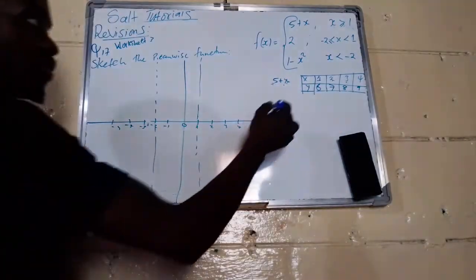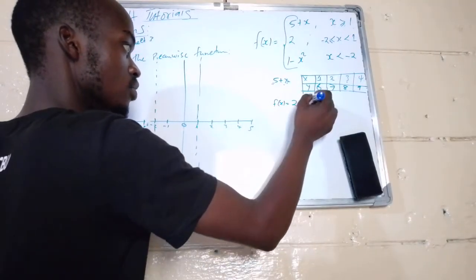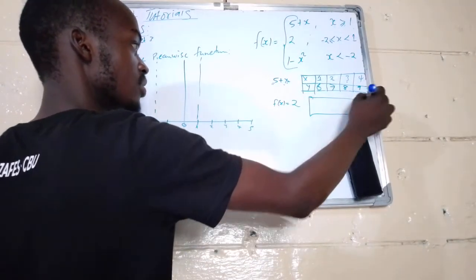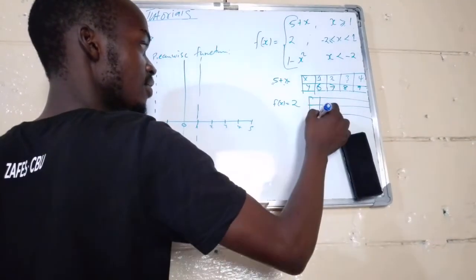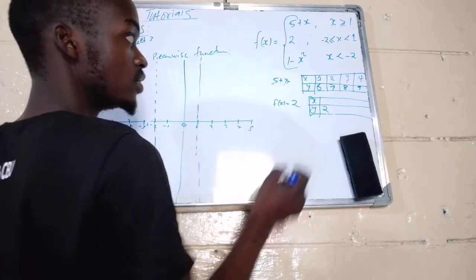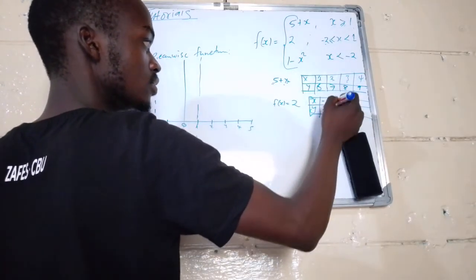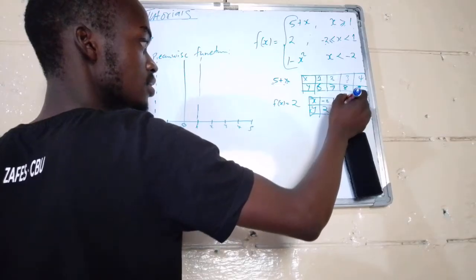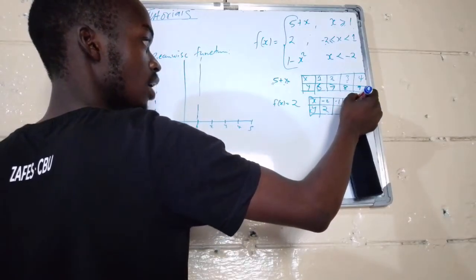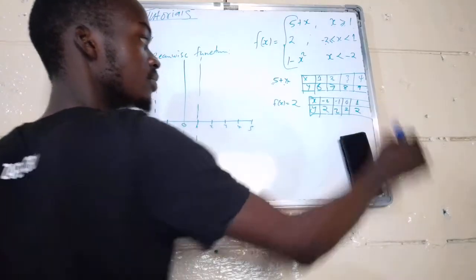9. The table of values for f of x equal to 2. This one is a constant function. Every value of x you insert, the value of y becomes 2. So from negative 2 to 1: negative 2, negative 1, 0, and 1. All the values of x you insert, you still have a 2.